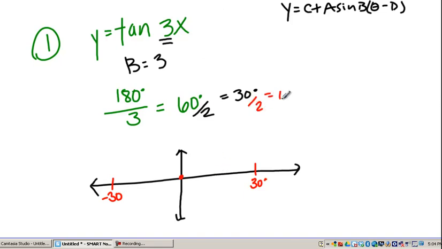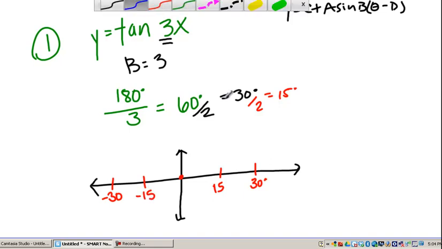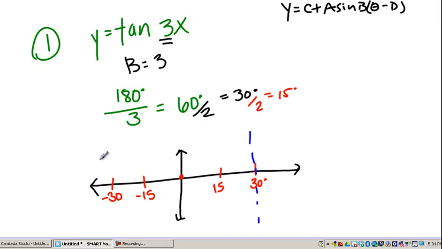This is how we're finding our critical points: 15 and negative 15. So our asymptotes are at positive 30 and negative 30. Negative 15 is at negative 1, positive 15 is at positive 1. So our graph looks like that. And that is how you graph tangent.